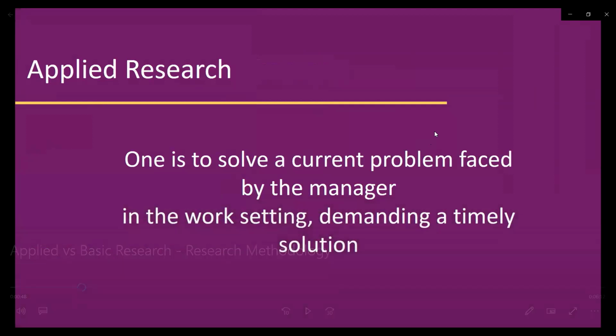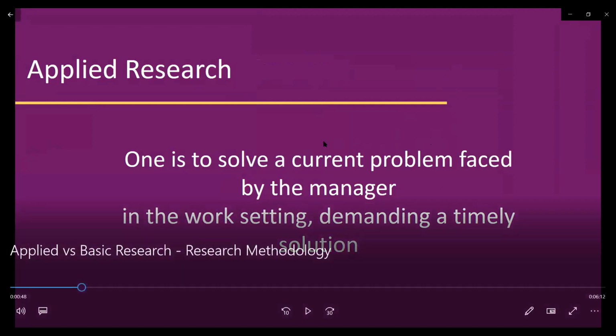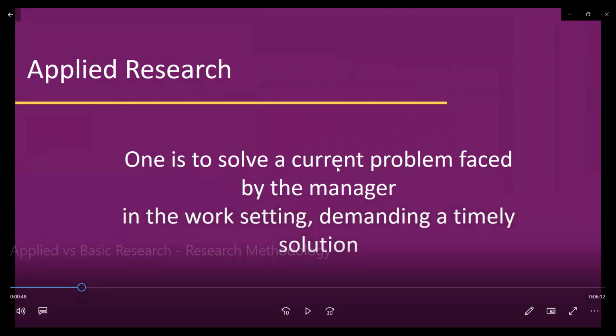So one is to solve a current problem faced by the managers in the work setting, demanding a timely solution. As I mentioned, for example, one school branch manager faces a problem with the low volume of students in that branch.